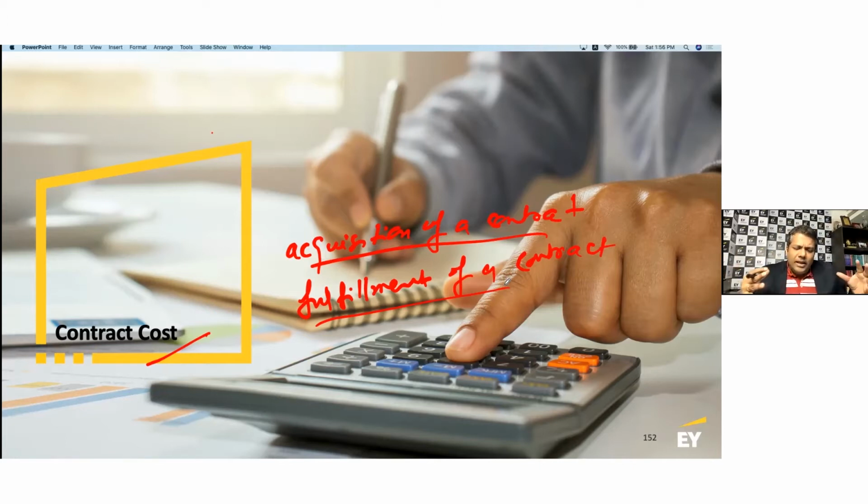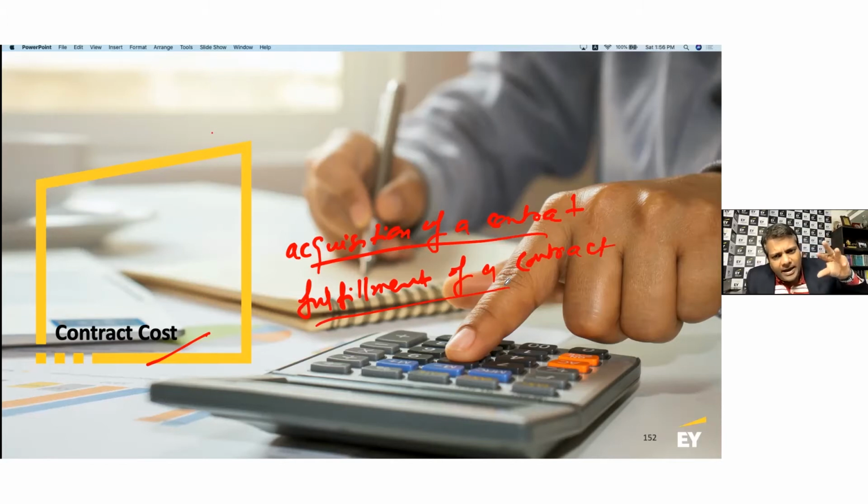So the cost which you incurred in relation to acquisition of a contract, if they are incremental, not your salary cost, okay, but if, let's say, you're entitled for a bonus which is linked to a successful consummation of this contract, which otherwise you're not entitled for, that becomes an incremental cost, like a contract acquisition cost, okay?